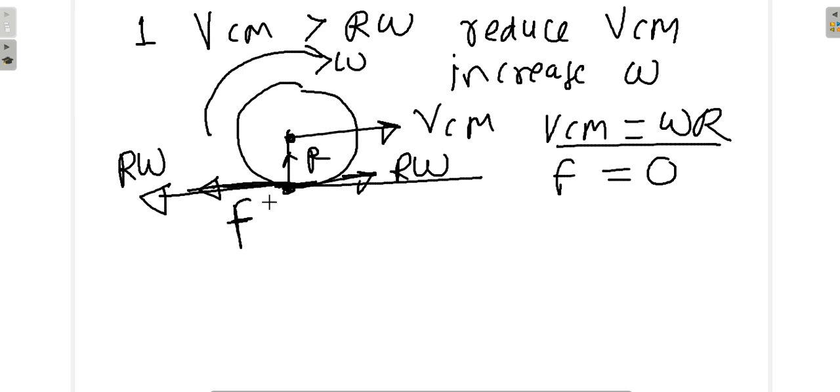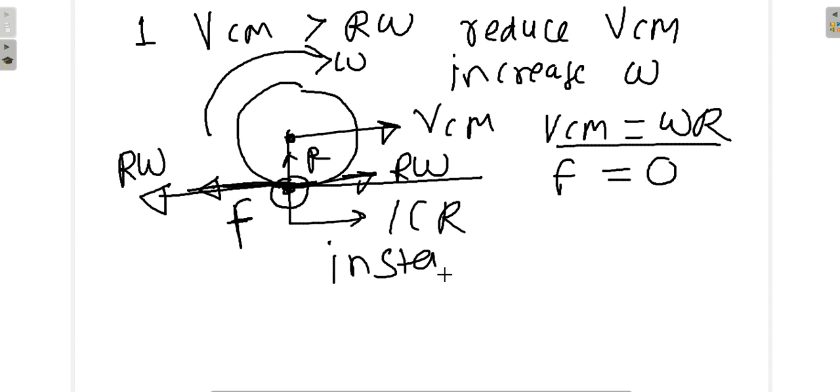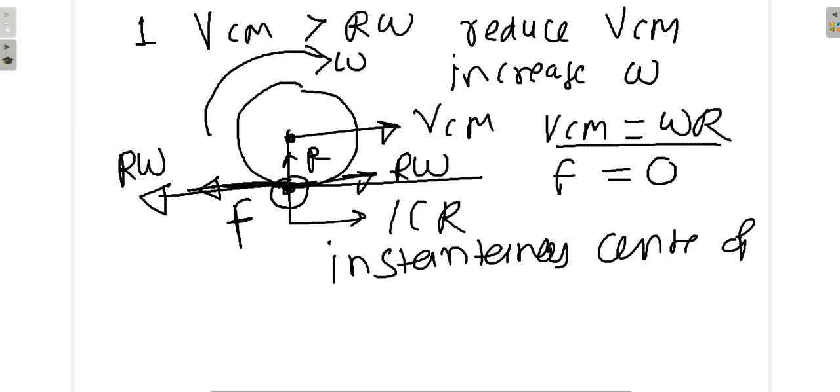So this r omega and this r omega will cancel each other, and this particular point virtually does not have any movement, so there is no force of friction. This point is also known as ICR, the instantaneous center of rotation. It is as if the entire body rotates about this point.